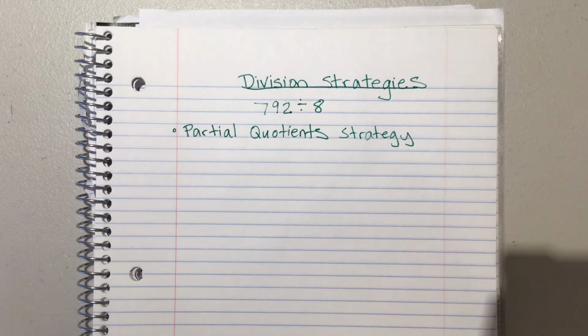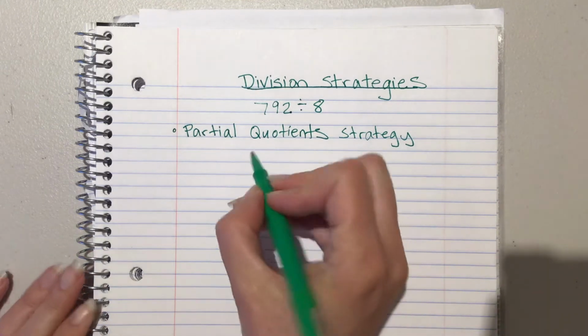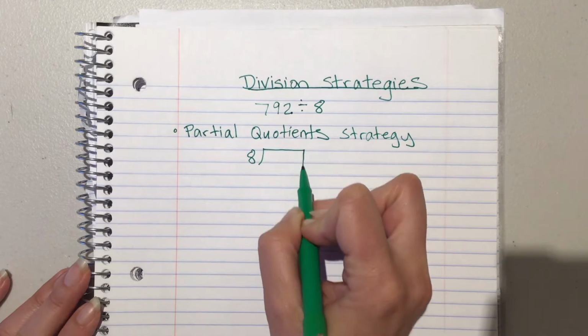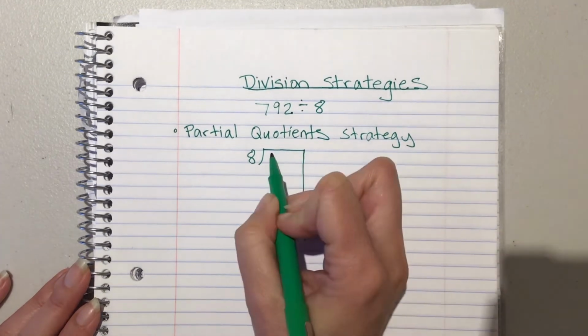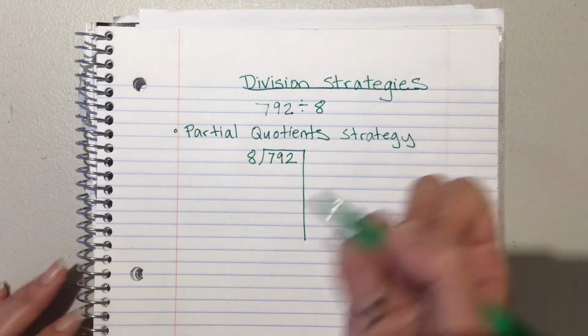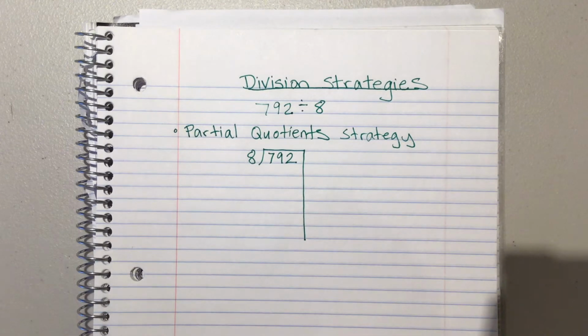Okay, so for 792 divided by 8 with partial quotients, we put the 8 over here. We make that big 7. And 792 goes inside there. And what you want to do is think about what's a friendly number you could multiply 8 by to get close to 792, but not more than 792.